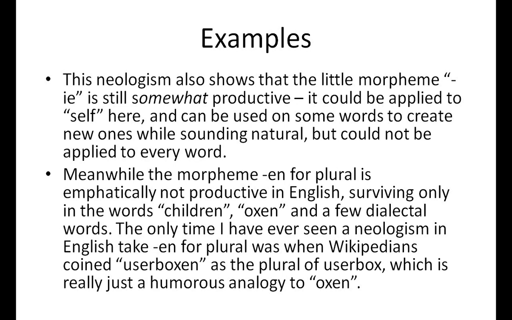So we cannot use the plural of box as "boxen", but a few netizens, the Wikipedians, coined "userboxen" as the plural of "userbox". So it is a word that is coined, and it is what is called linguistic creativity. It is not linguistic productivity. Okay, so that is a humorous, funny analogy to oxen. So not every morpheme in the language can be taken into the productive manner.